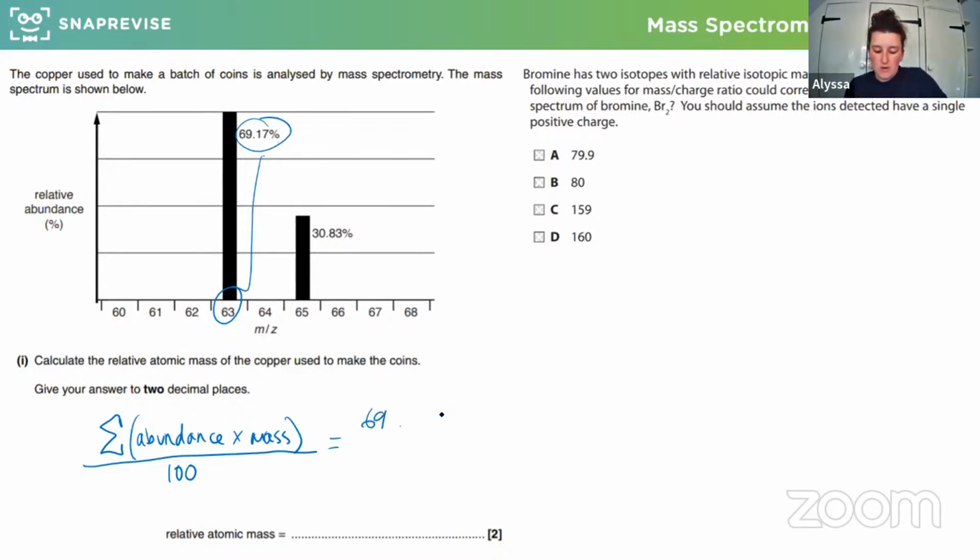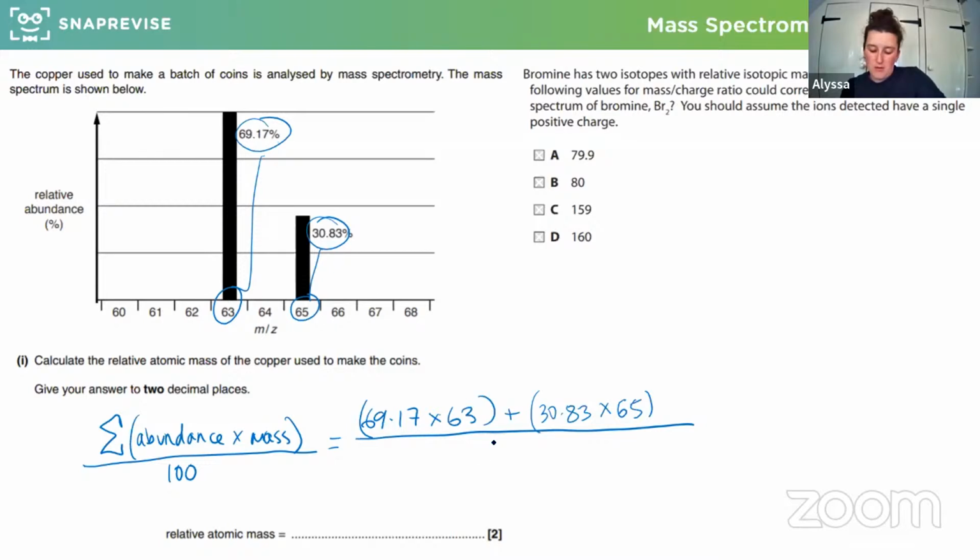So 69.17 times 63, plus, and then I need to keep those numbers together, 30.83 times 65. And then I divide the whole thing by 100. That should give me 63.16, sorry, no, 63.6166. Lovely. Well done to those of you that remembered.